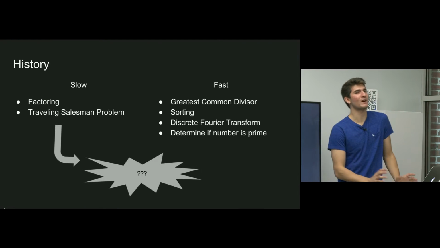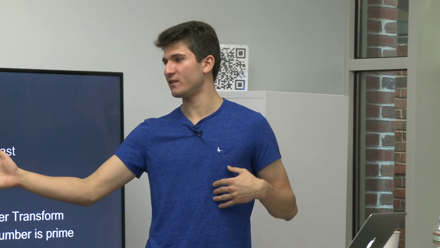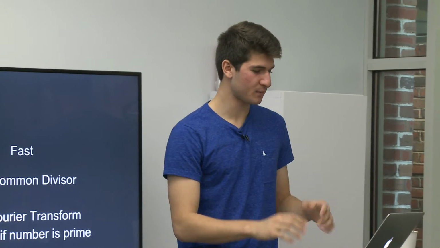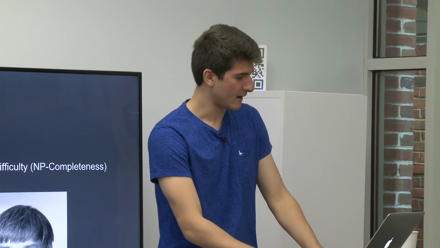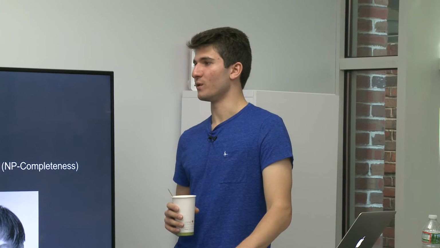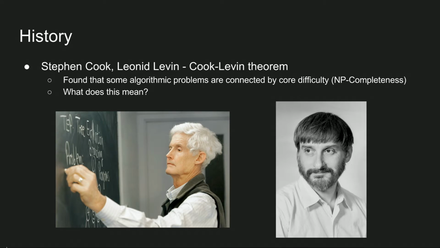And so that is really the question: will we ever find fast solutions to these problems? And the answer is very unclear. Although I think one of the most important moments for this problem was a theorem that Stephen Cook of MIT and Leonid Levin came up with. It basically said that a lot of problems that we face in computer science are all connected by some sort of core difficulty.